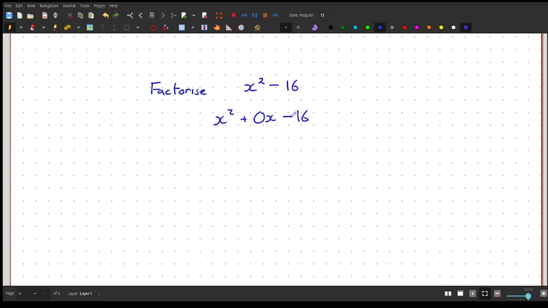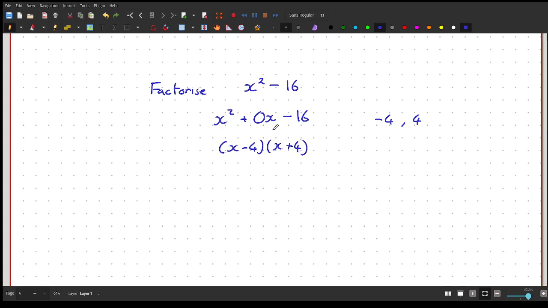You're looking for two things that multiply together to make negative 16 and add to make 0. Well, that has to be negative 4 and 4. They multiply to make negative 16, they add to make 0. So you would write this as x minus 4, x plus 4.